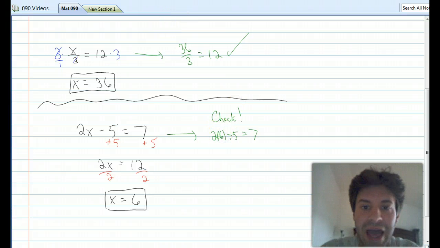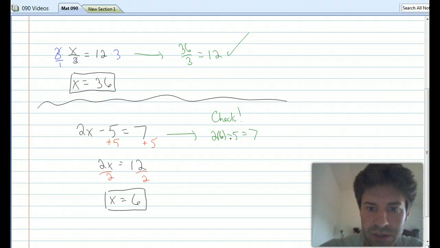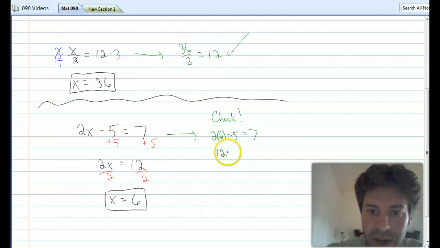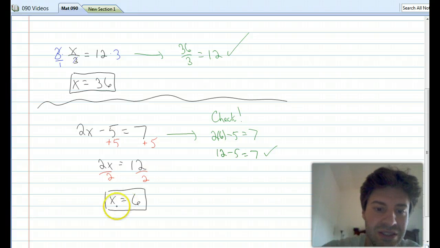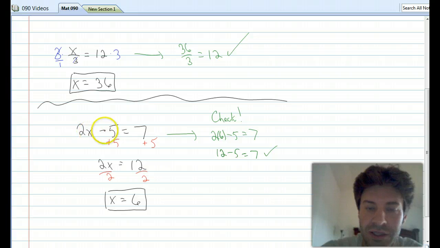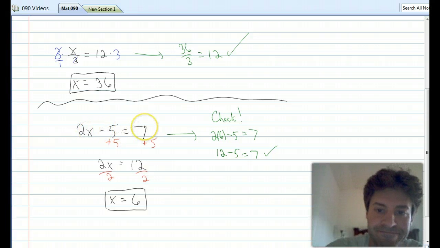And the question is, is that a true equation? Well, maybe you can look at it and find out pretty easily, but I need to do a step of work. So 2 times 6 is 12, minus 5 equals 7. Now that is definitely true. So we know that x equals 6 is the correct solution to the equation 2x minus 5 equals 7.